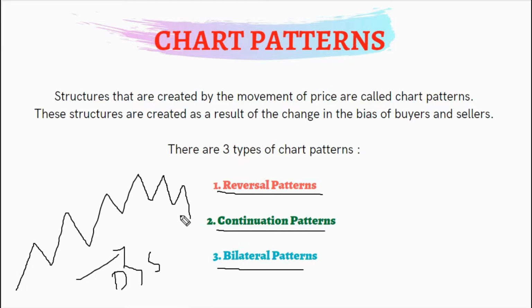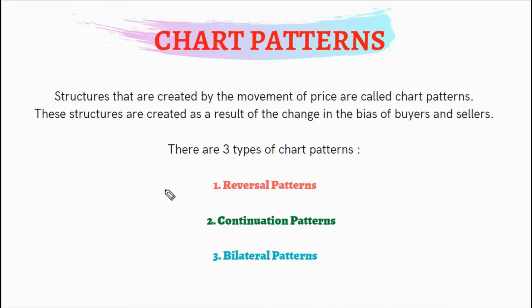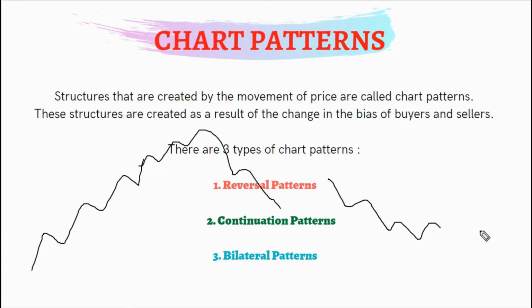So we can say that prices have now changed their trend from up to down because of the change in the bias of the market participants. So the patterns which form during the change in the bias of the buyers and the sellers, such kind of patterns are known as reversal patterns, which are basically changing a particular trend from up to down or down to up.